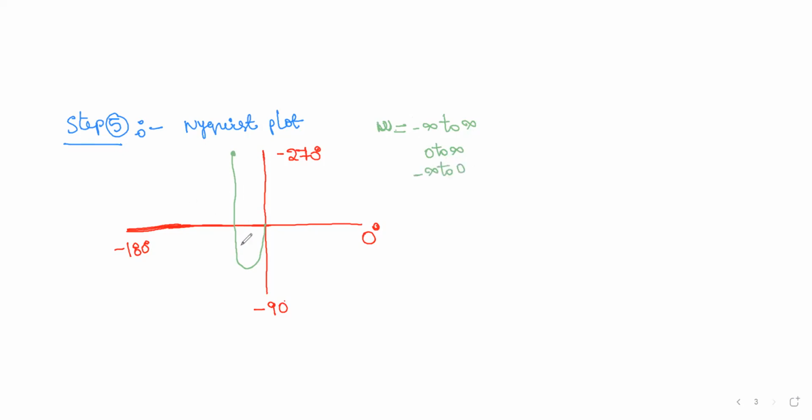Okay. So we have to start at infinite at the side of minus 90, and it passes through minus 270 degrees, and it has to reach 0.